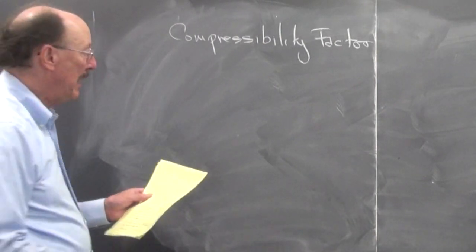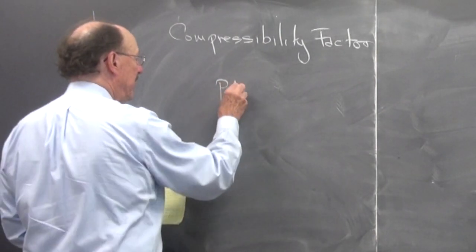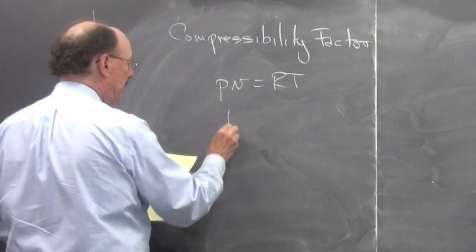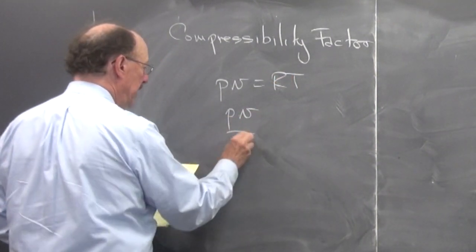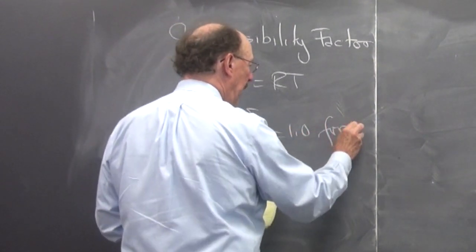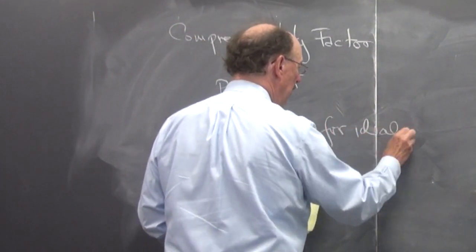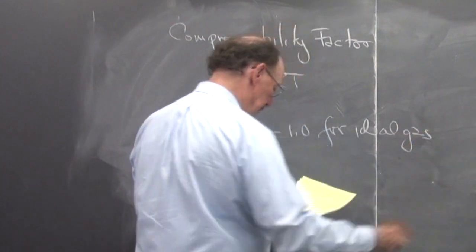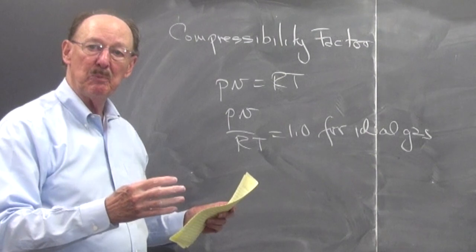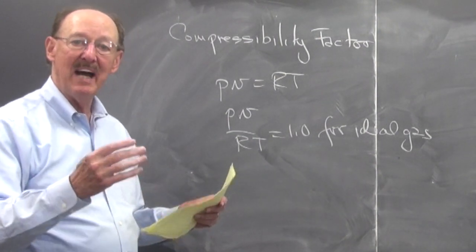If I start with the ideal gas equation of state PV equals RT, I have that PV over RT is equal to 1.0 for an ideal gas. But if it's not an ideal gas, it will be equal to Z, the compressibility factor, that is not 1.